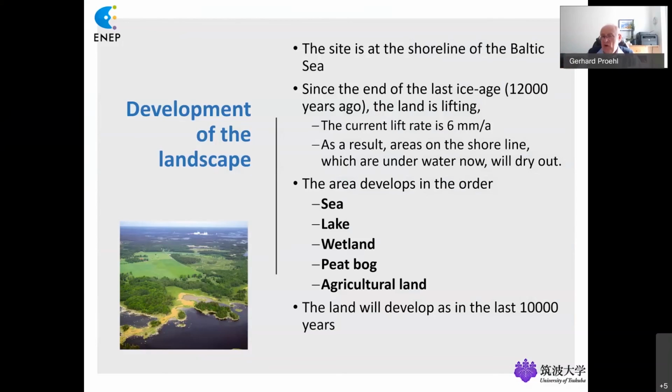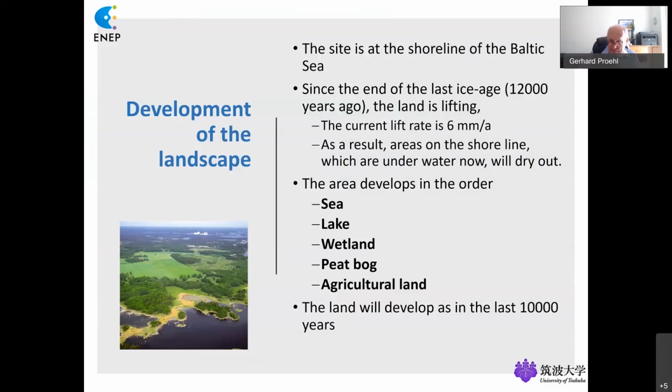These areas are, to some extent, underwater now. Then the area will develop in the order from the sea to a lake, to a wetland, to a peat area, and then to agricultural land. Due to the lift rate, which is known, the land will continue to develop as in the last 10,000 years.